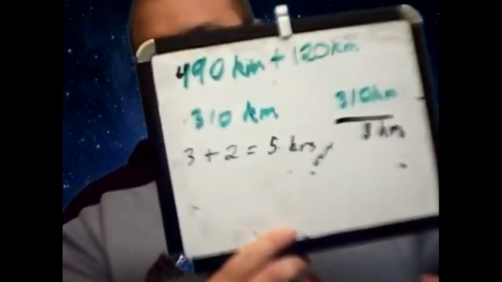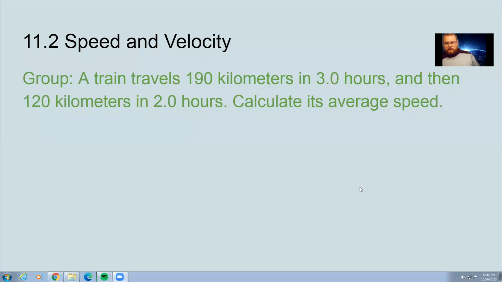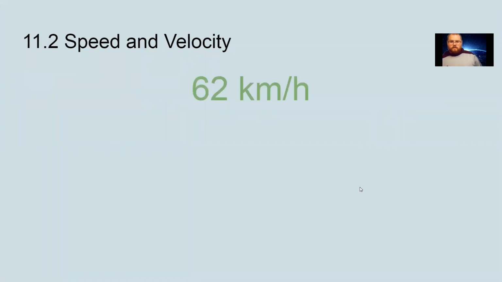If we want to calculate its speed, all we do is we take 310 divided by 5. 310 divided by 5 equals, I have no idea because my brain's not working today. Yeah, there we go. Should be 62 kilometers per hour.